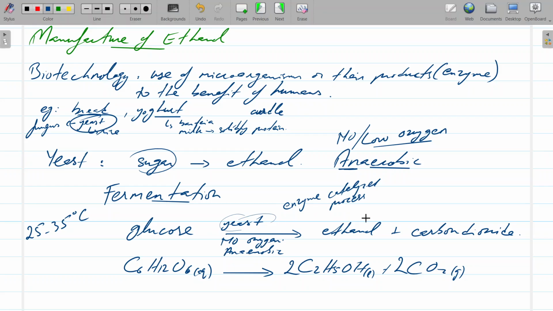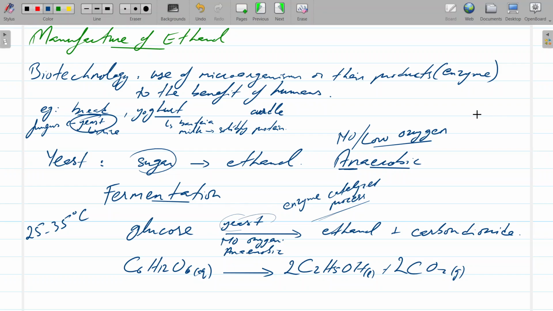When you study anaerobic respiration, I believe we've covered anaerobic respiration. No, we haven't. Have we covered respiration yet? No, we haven't. Okay, so when we talk about anaerobic respiration in biology, they might not mention the enzyme there either, but they do say that yes, it's catalyzed by enzymes, because we're not using extracted enzymes in this case.